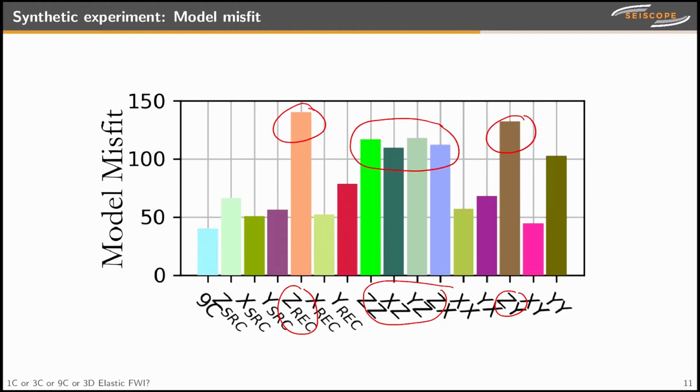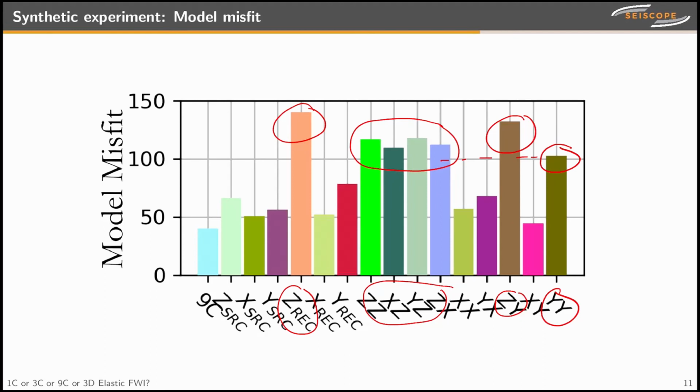So this is confirmed, because for the synthetic experiment it's quite consistent as well. So again and again, the horizontal component is proven to be quite crucial in our shallow seismic scale. Although it is important as well when we look at this special case YY here, the model misfit is not as high as the other horizontal component, but it is still comparable.